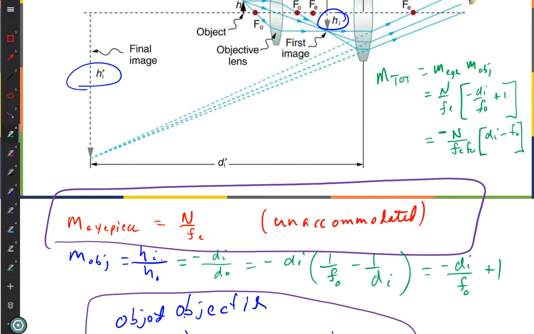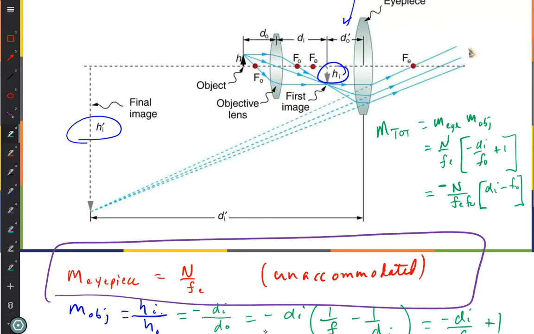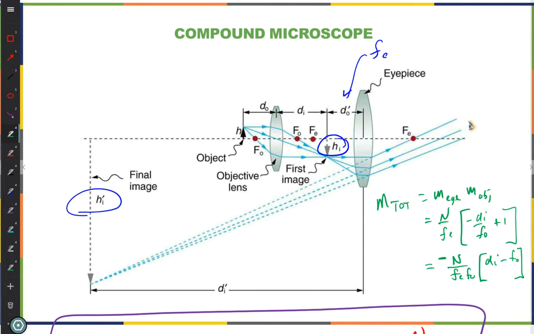Now that's correct, but we usually go one step further. Where is that distance image? I don't know, but it depends on the length between my two lenses. If I call this length L, it is distance image plus that distance object prime. But what was the distance object prime? Focal length of the eyepiece.